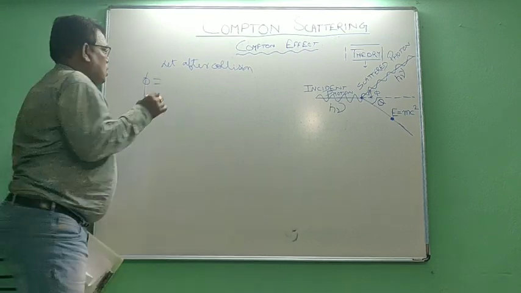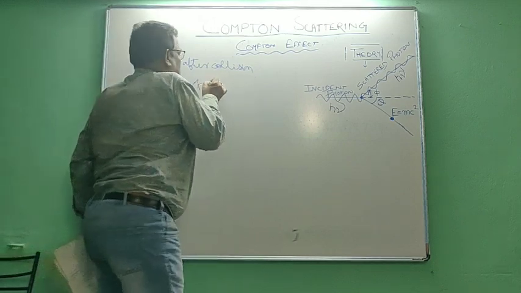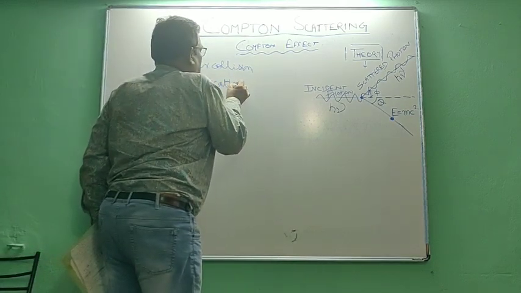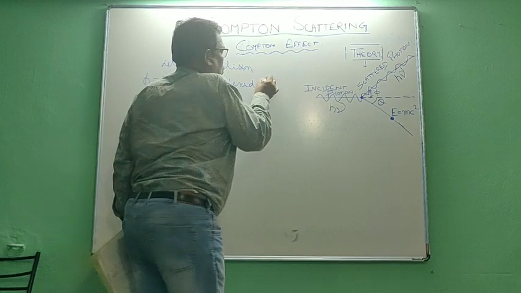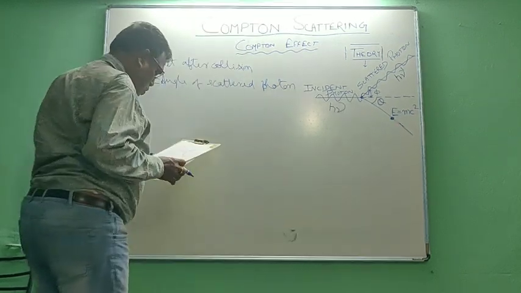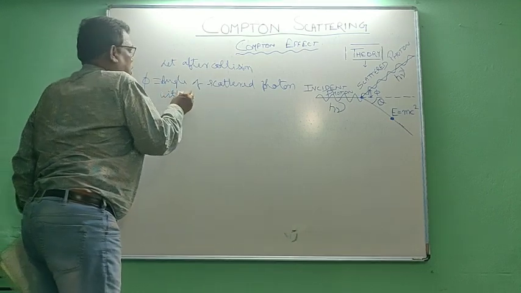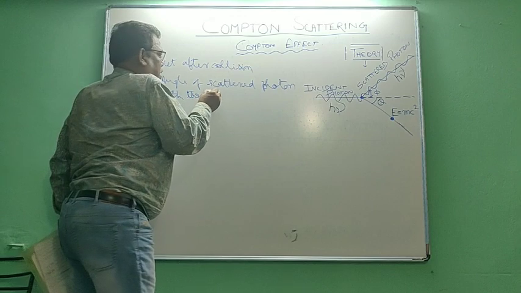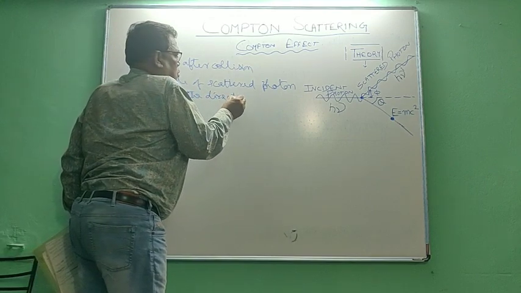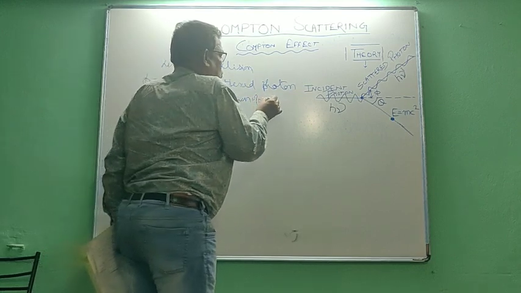Phi is the angle of the scattered photon with the direction of the incident wave.